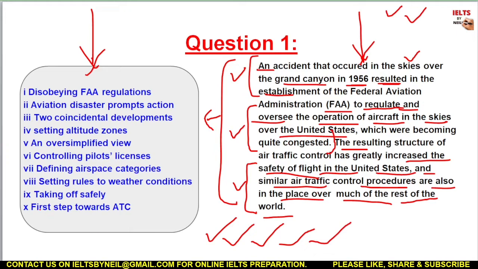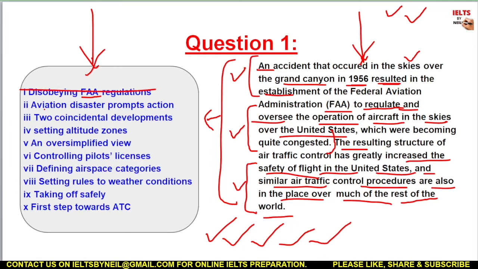Now let's go back to the headings. If you look at number 1, disobeying FAA regulations. Yes, they are talking about the FAA, but they are not saying anything about disobeying. So that's not the answer. Number 2, aviation disaster prompts action.